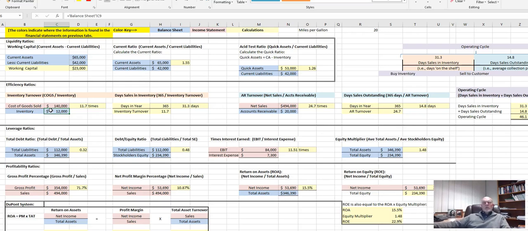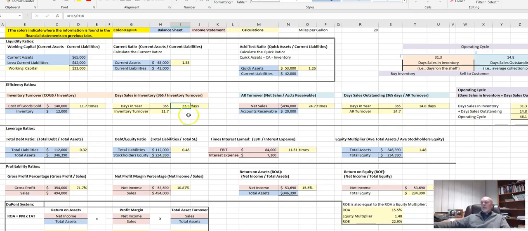So what we're doing is comparing the amount of product that went out the door with customers throughout the year to the amount that we have on hand right now, to get a sense for how many times that inventory is turning over during the year. In this example, the inventory was turning over 11.7 times, and if you divide that into 365, that gives you a little over 31 days per turn.